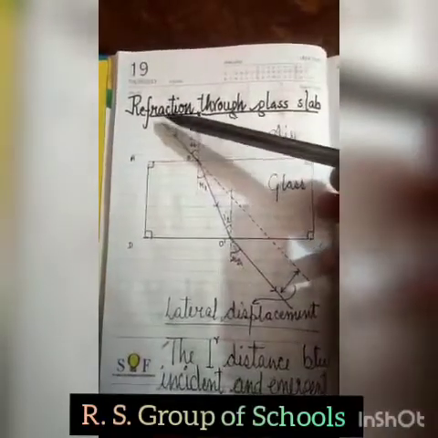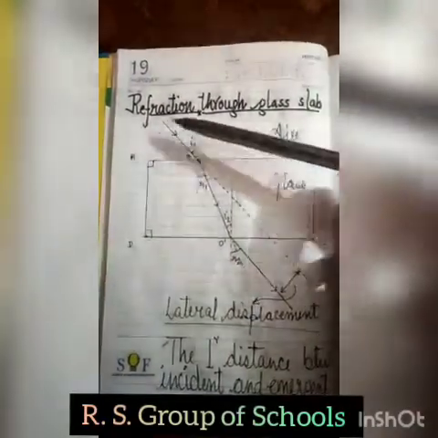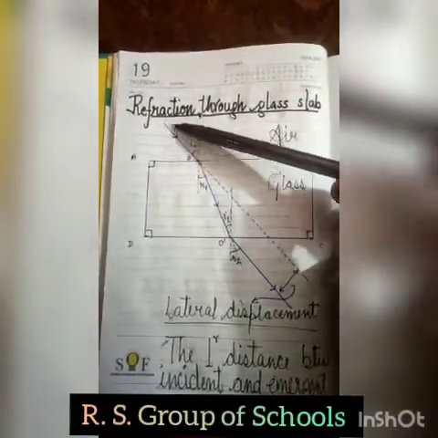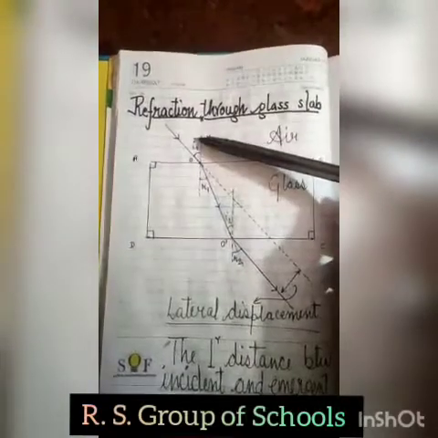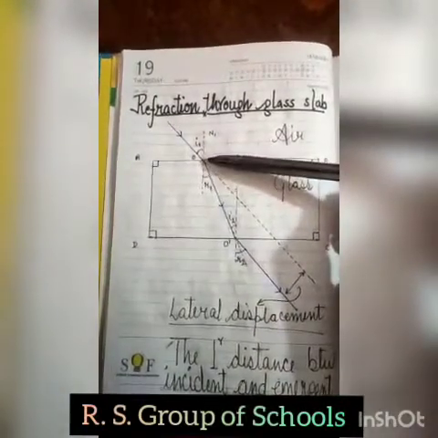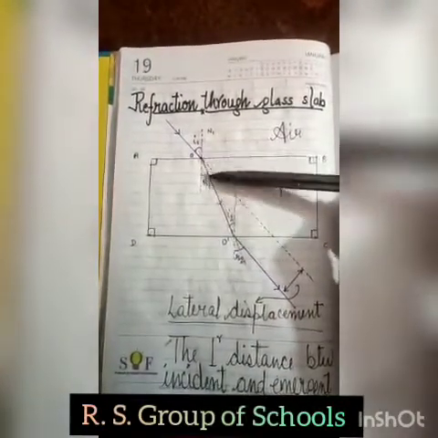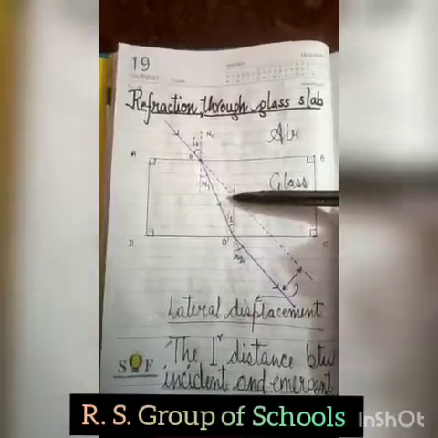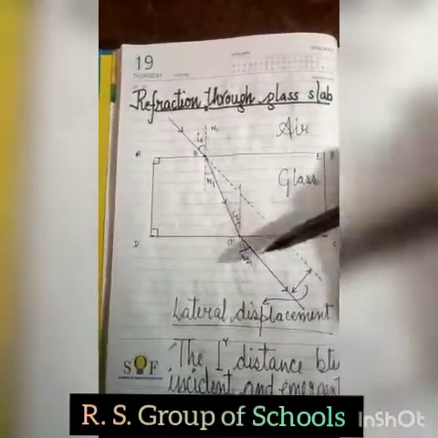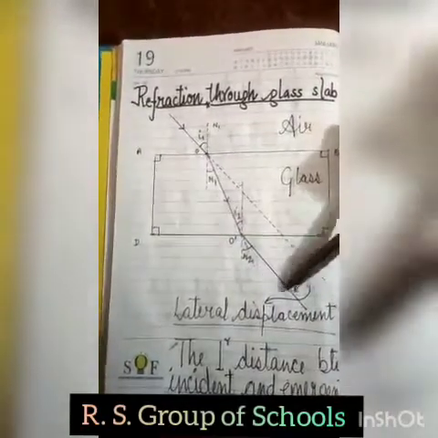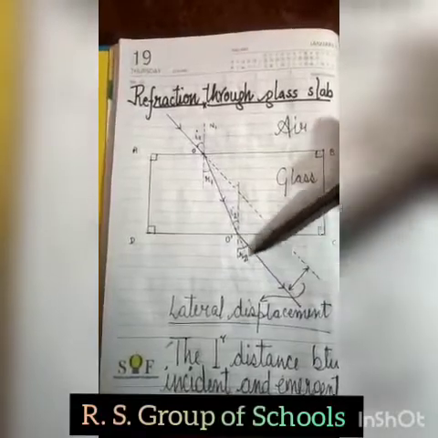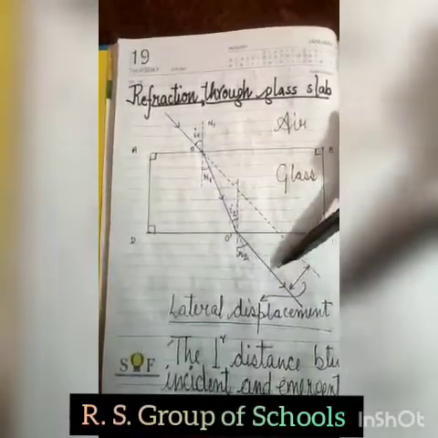Here we have taken a ray. This part of the ray is known as incident ray, and the part inside the slab, this one, is known as refracted ray. And this part which is emerging from the glass slab represents emergent ray.